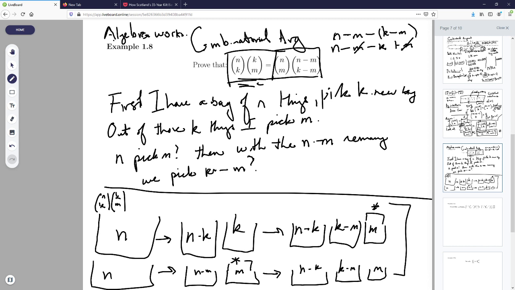So if you just write down what all of these things are, for instance, you say, okay, n factorial over k factorial, n minus k factorial, times k factorial over m factorial, k minus m factorial, and you ask the question, is this equal to n factorial over m factorial, n minus m factorial, times n minus m factorial over k minus m factorial, and then the last term is going to be a what? It's going to be n minus k factorial.